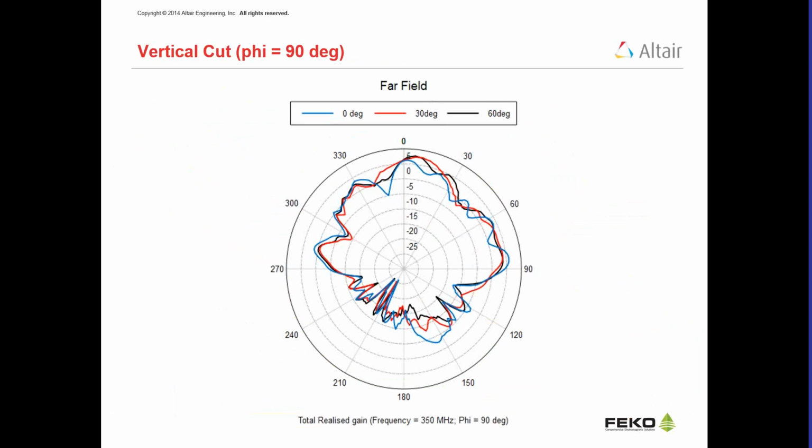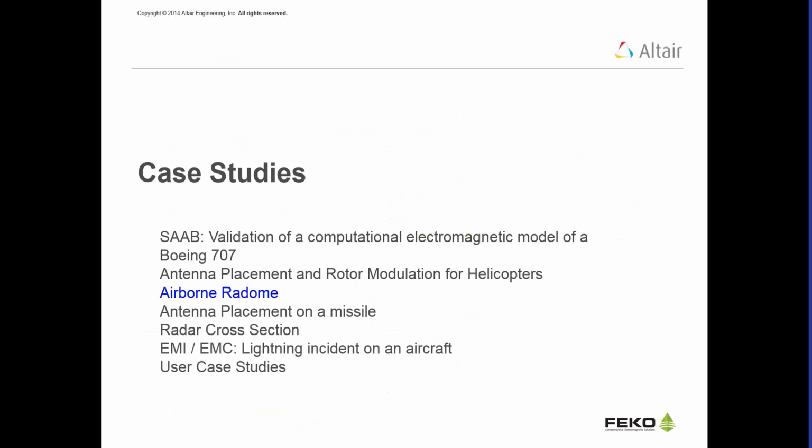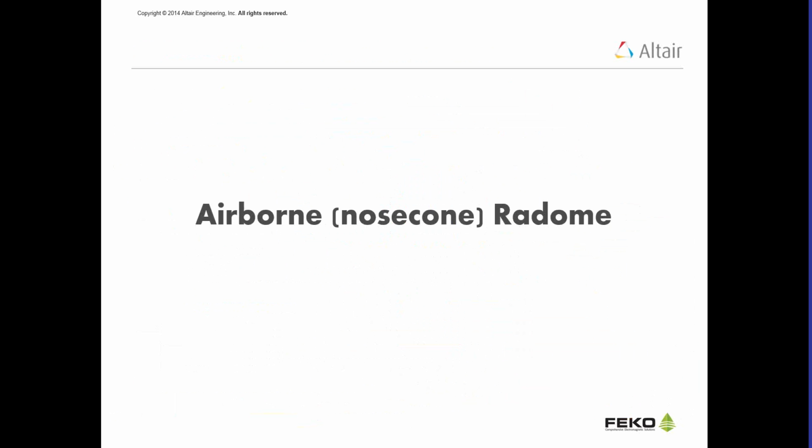Now let's go to another example, airborne radar that needs to be solved. In many of the military applications, the problem is designing a good radar that can go with the aircraft. So in this case, you see the full aircraft here and the front body.